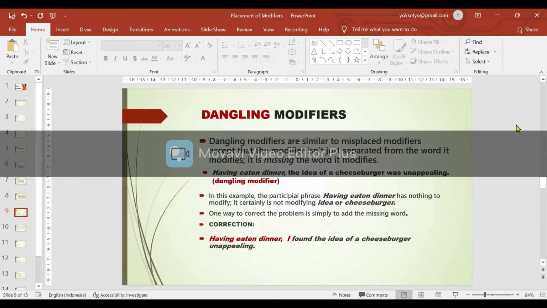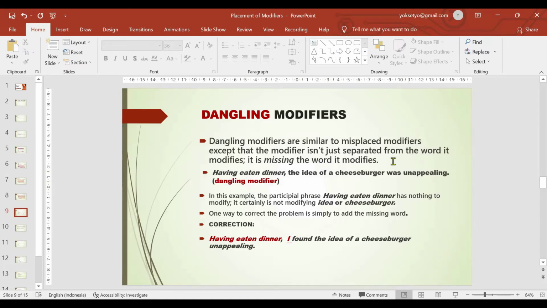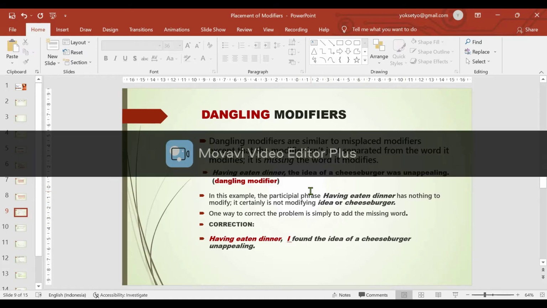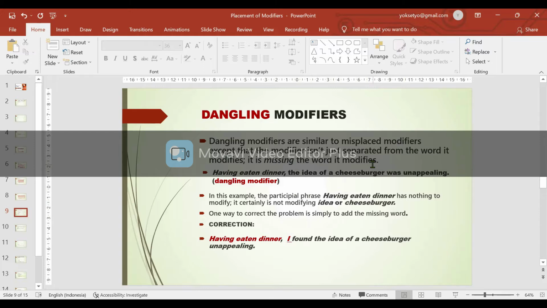Any opinion? Any comments for this? Why is it a dangling modifier? Look at the understanding of dangling modifiers. It is missing the word it modifies.